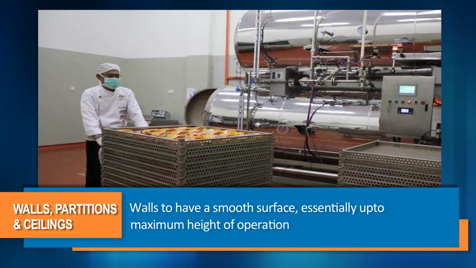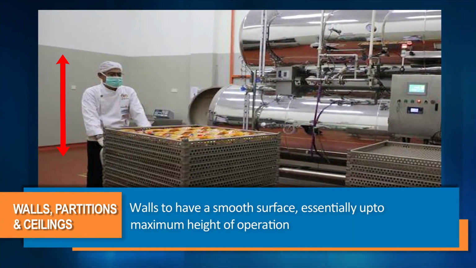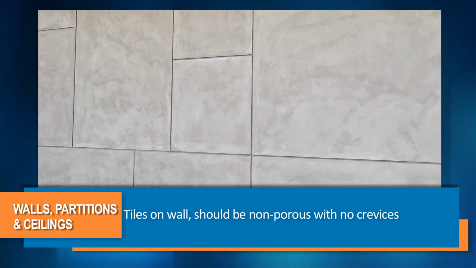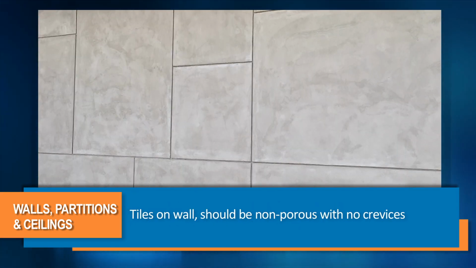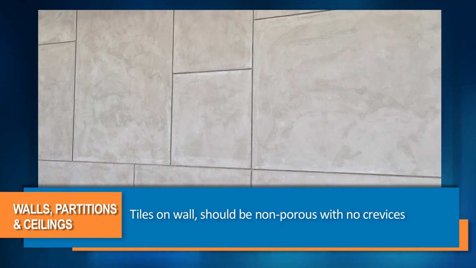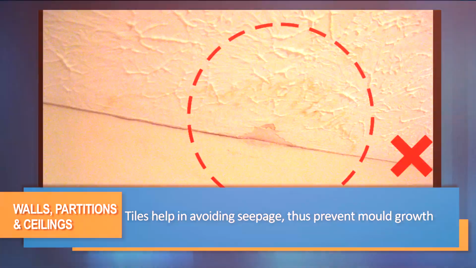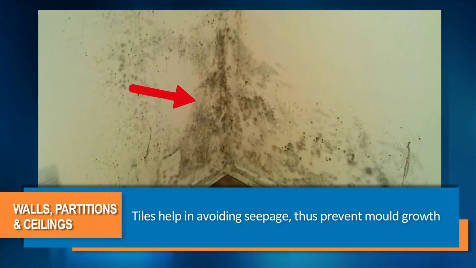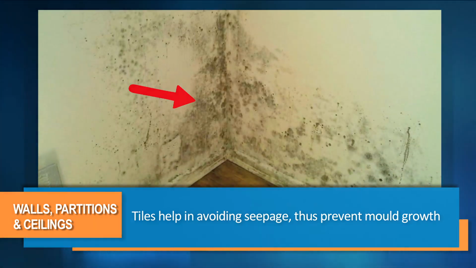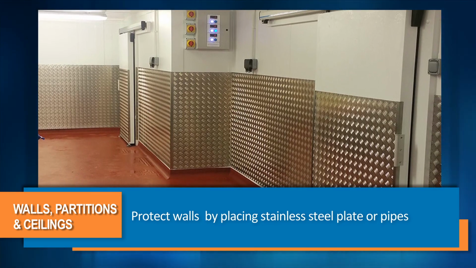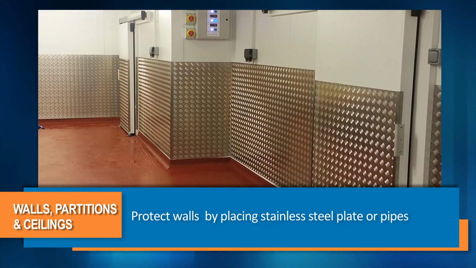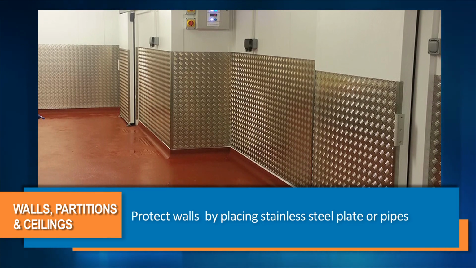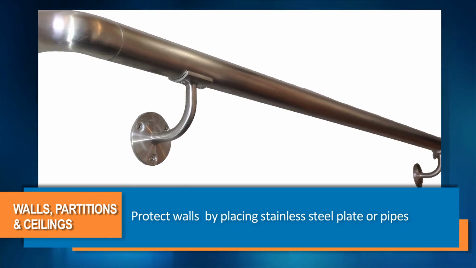Walls shall have a smooth surface, essentially up to maximum height of operation. If tiles are applied on the wall, they should be non-porous with no crevices. Tiles also help in avoiding seepage, thus prevent mold growth. Walls may be protected from damage caused by moving trolleys by placing stainless steel plates or pipes.